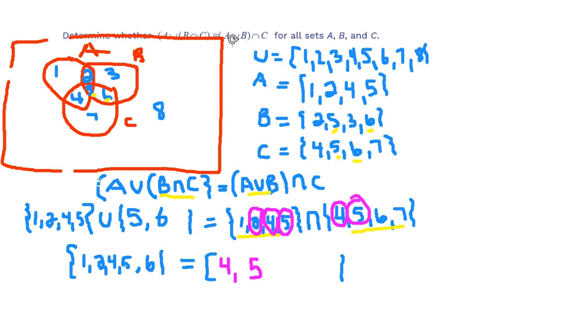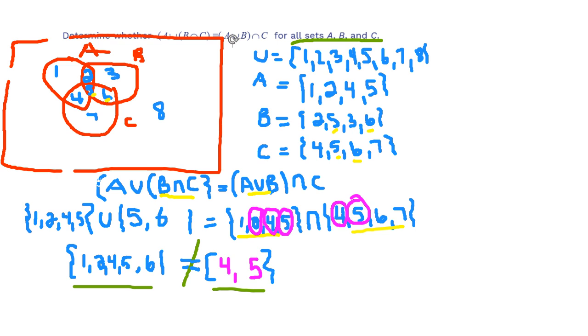All right, so now the big question is whether the left side is the same as the right side. So we can see that they're not the same. So this is not true for all sets A, B, and C. I can say in words that it's not true, or you can put a line through your equal sign. So these are fun, right? Let's go ahead and go to the next slide.